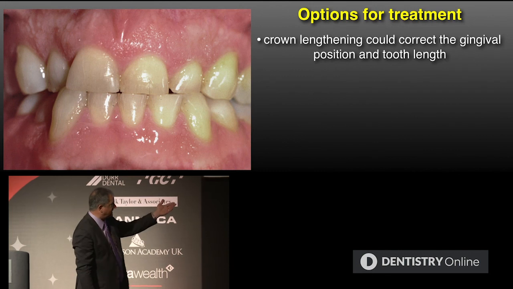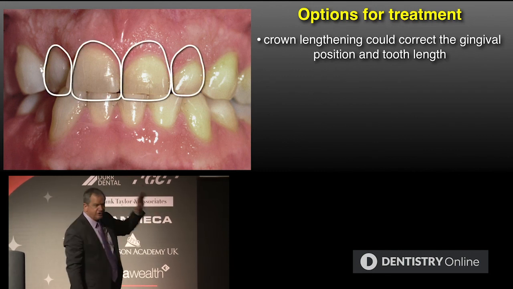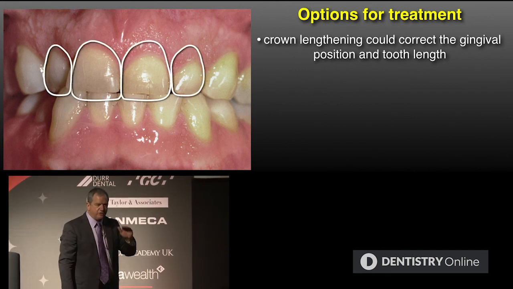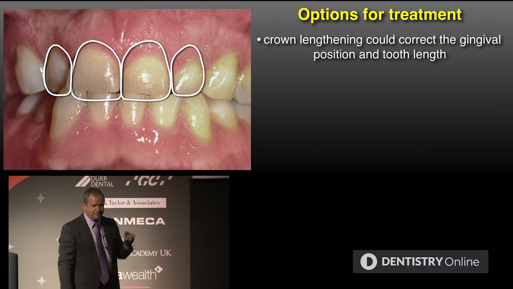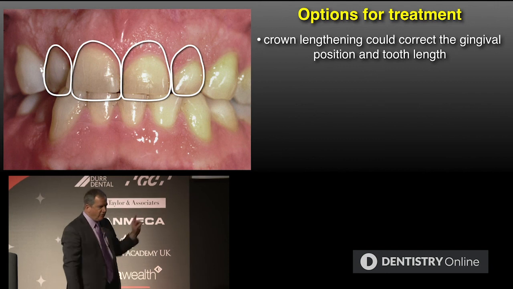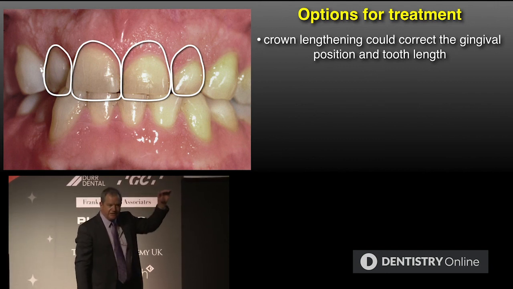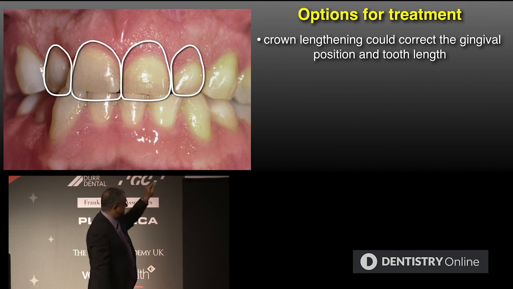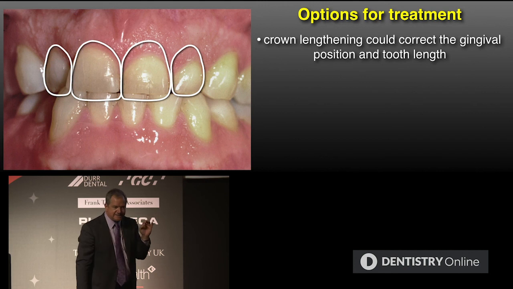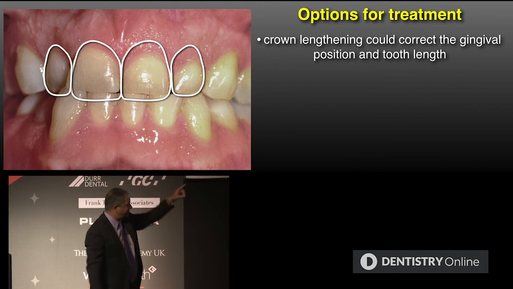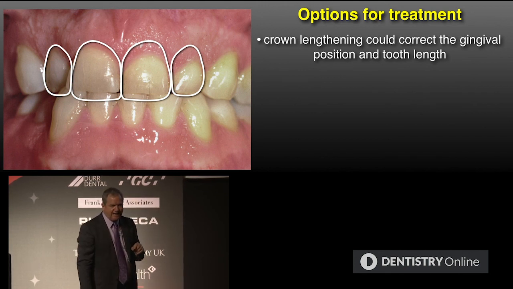And so what you have to do is make a compelling case for why you would do orthodontics. What's the compelling case? If I don't do orthodontics, in order to make you look good, I need to lengthen your upper teeth. The only way I can lengthen your upper teeth is I will have to do surgery to move the gum tissue where it belongs, but I still can't lengthen the teeth to the right place without opening your bite. I will now have to treat 14 teeth to do that.